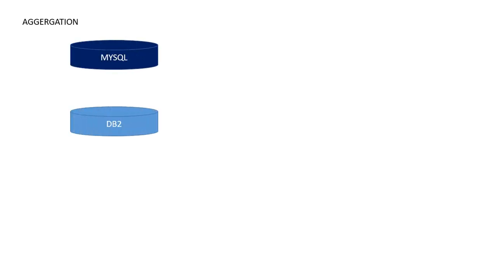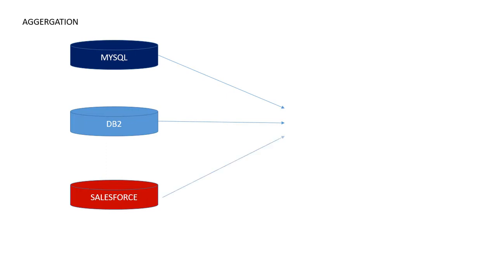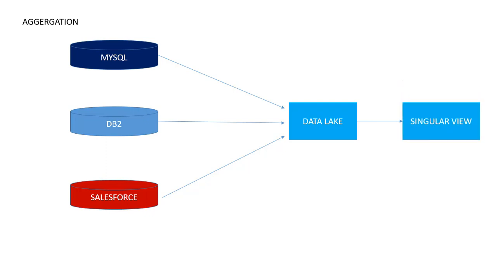For example, with the aggregation integration pattern, we have MySQL, DB2, and a Salesforce database system, and from there the information comes to a data lake. From the data lake, it is taken by another system to show in a singular view.